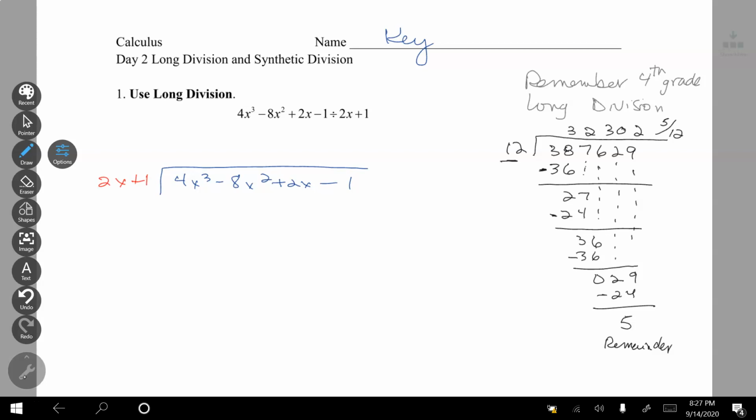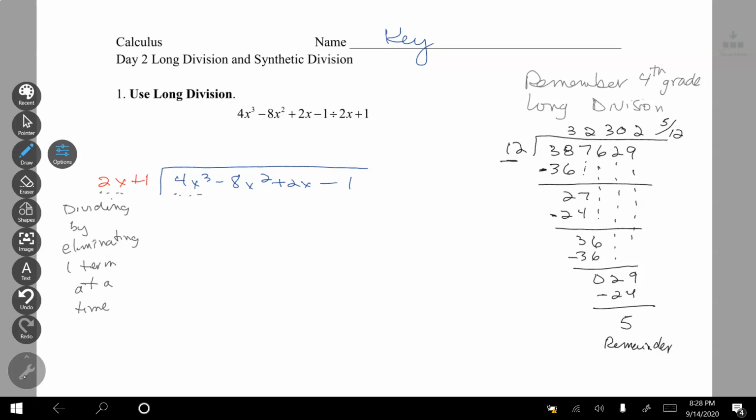And how we're going to do this, we're going to be eliminating one term at a time. So all I care about right now is this 4x cubed. And all I really care about is the 2x. The plus 1 kind of goes along for a free ride.